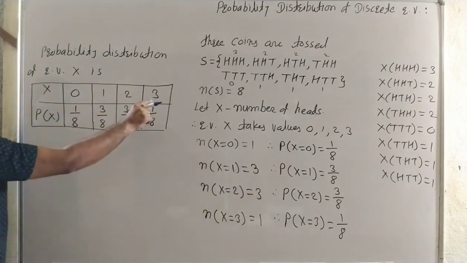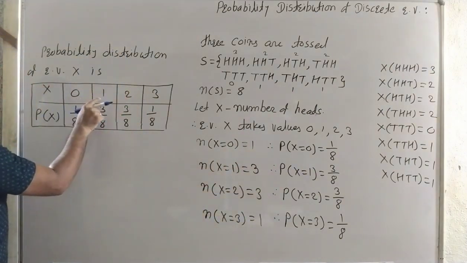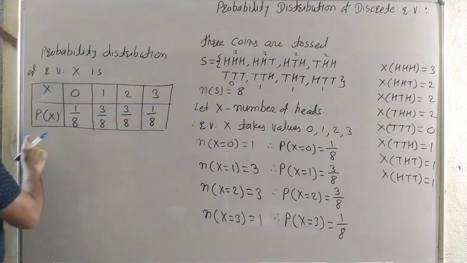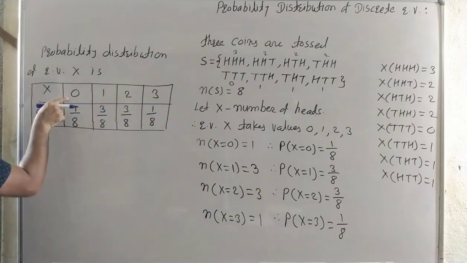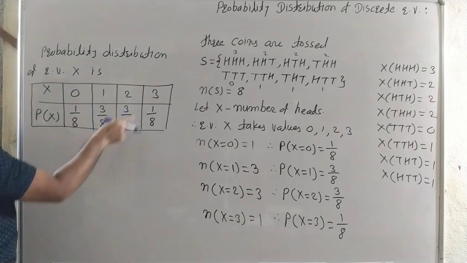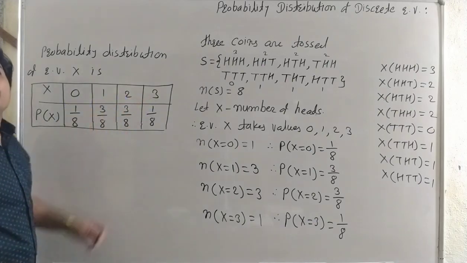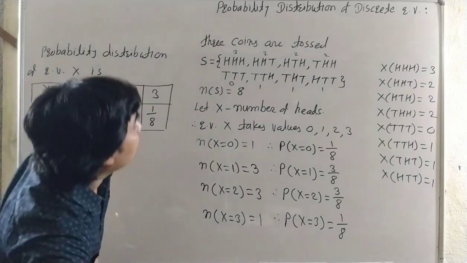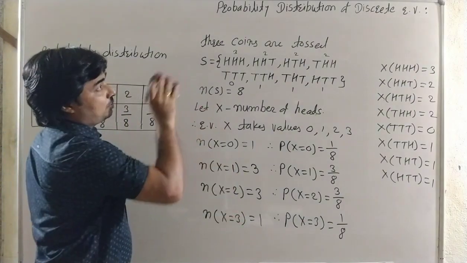Here the random variable takes 4 values, x1, x2, x3 and x4. The corresponding probability of x1 is p1, of x2 is p2, of x3 is p3 and of x4 is p4. Now we write the definition of the probability distribution.